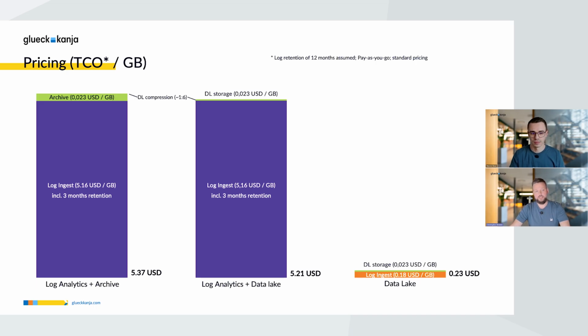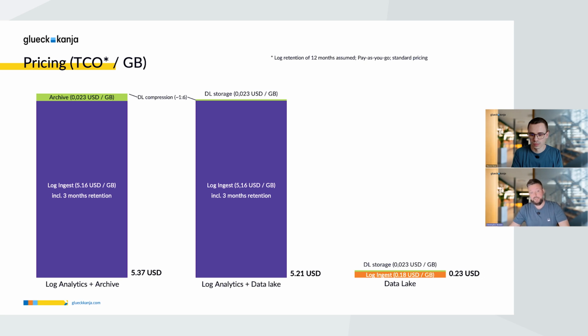For the remaining 9 months, you can pay for the archive. This is way cheaper than the analytics tier, and brings us to an effective list price of $5.37. This is what we had last year at this time in many environments. Maybe you don't pay list price, but for comparison, this is reasonable to do.